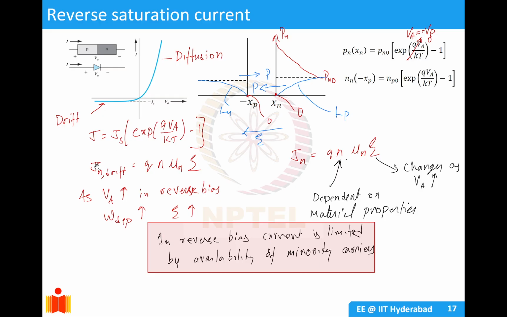So your drift current is given as q, mu and electric field. As Va increases in reverse bias, that is the magnitude is increasing, your depletion width also increases, and your electric field also increases.